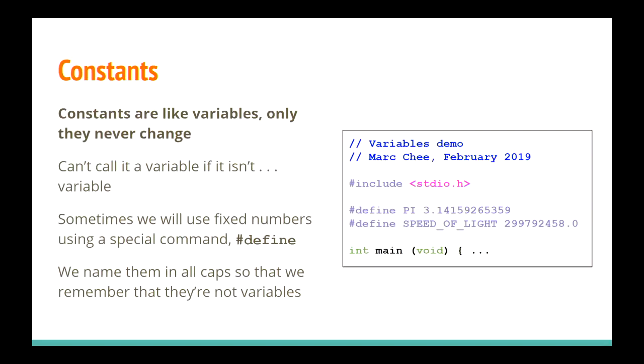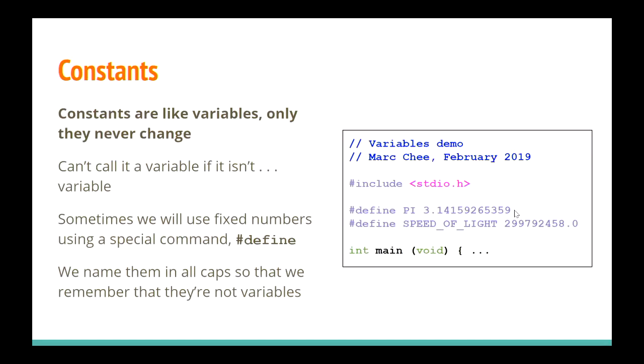These commands happen up above the main in amongst things like our includes, which is why they have a hash in front of them. So the hash define is going to say, I'm going to give you a symbol, a series of letters, and then after that I'm going to give you something else.